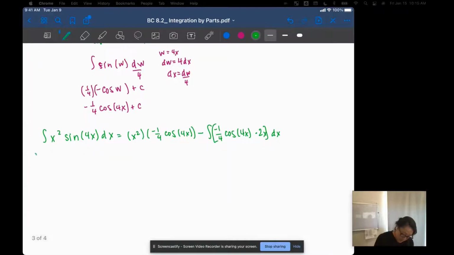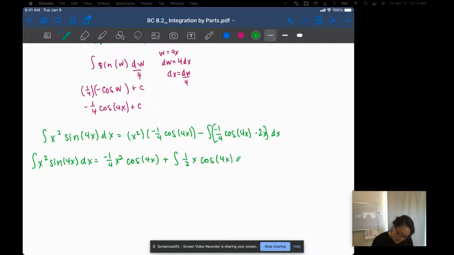Let's do that. So I get the integral of x squared times the sine of 4x dx is equal to negative 1/4 x squared times the cosine of 4x. And then the two negatives make a positive times the integral of 2 times 1/4, which is 1/2, so 1/2 x times the cosine of 4x dx.